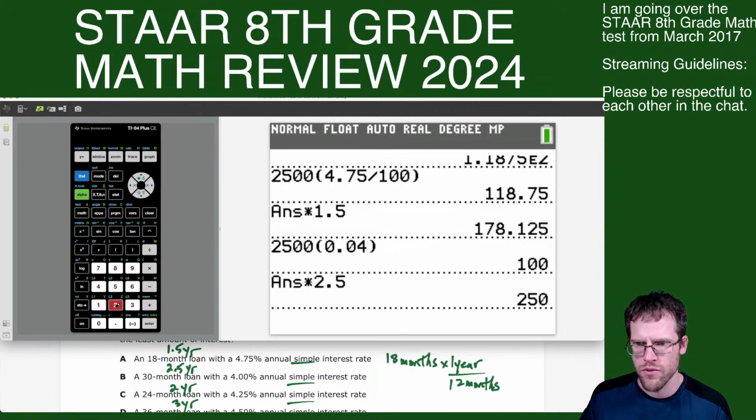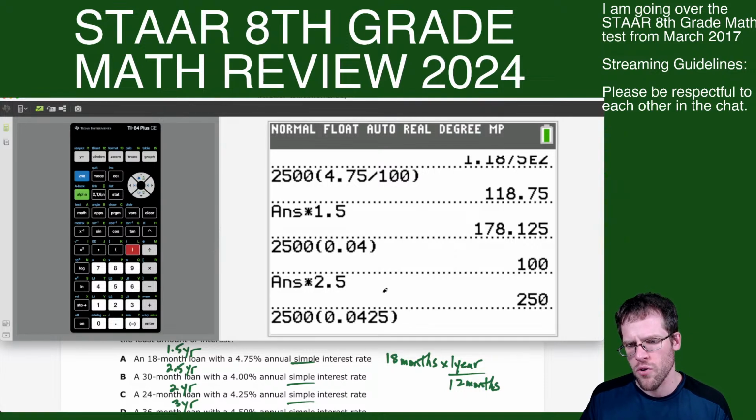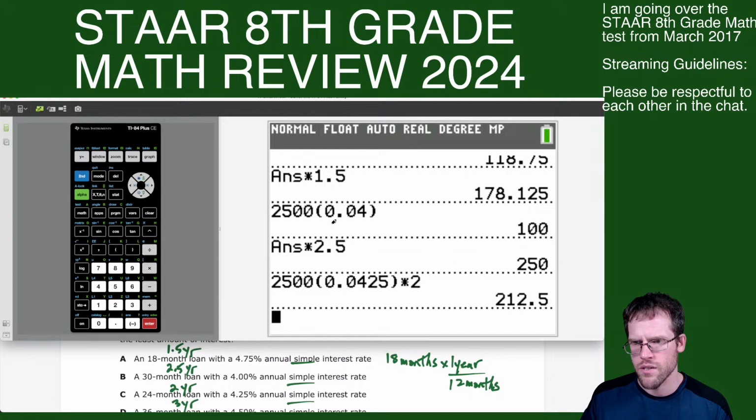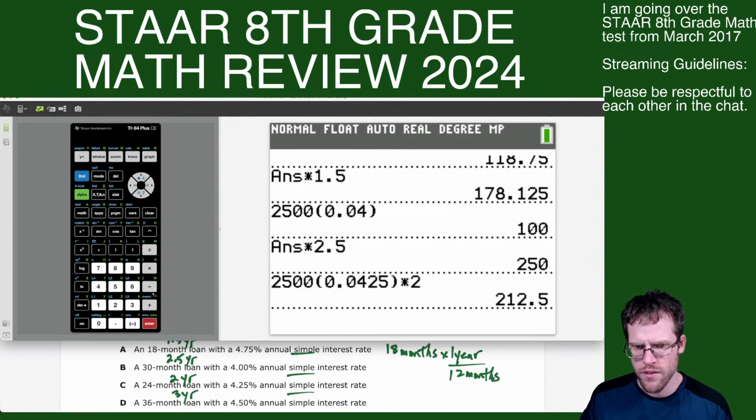We have 2,500 and we're taking 4.25%. That's 0.0425. But now I'll just multiply it all at once. For 2 years, I'm going to go times 2. Because this is how much for 1 year, so times 2 for the 2 years is going to give us this amount. And then finally, for the last one, 3 years at this interest rate.